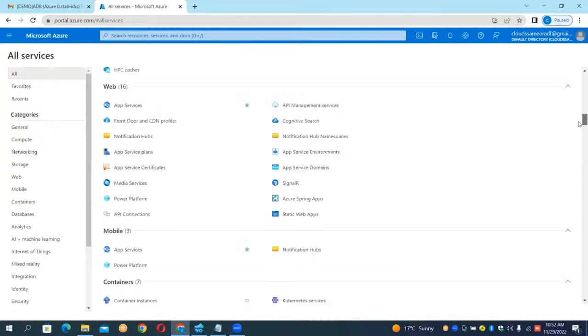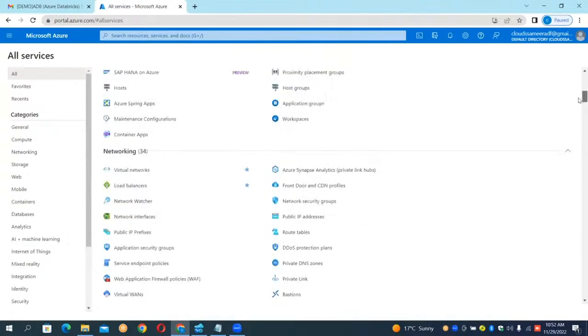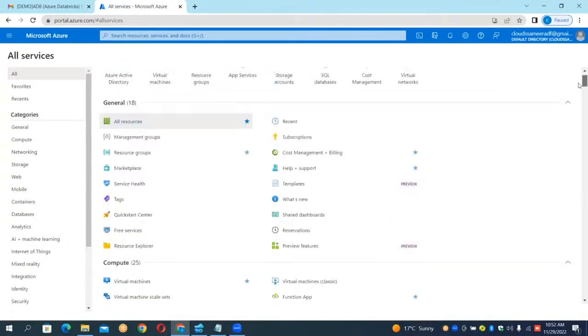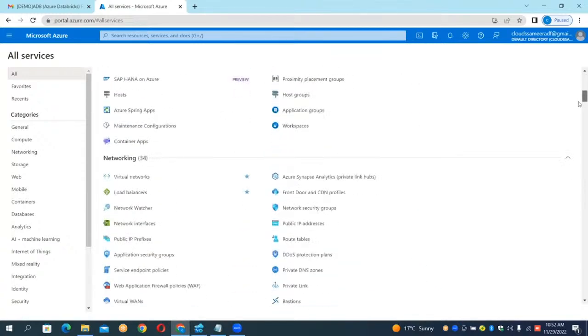These are all the services we have, but it supports 90 plus storages. Clear, all of you?